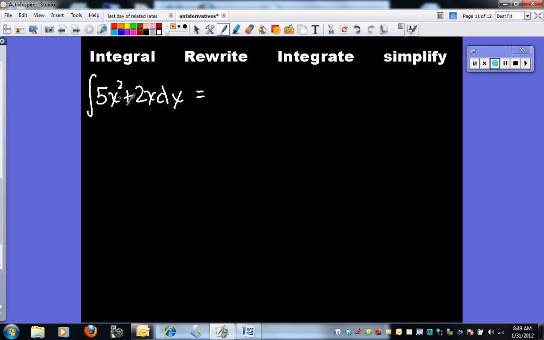Remember, when we integrate, we actually drop the integral symbol and the dx. So we have our exponent of 2. So now we're going to have our 5x, add 1 to the exponent, and divide by the new exponent. Same thing. What's our exponent here? 1. So we add 1 to it, divide by the new exponent, plus c, we can't forget.